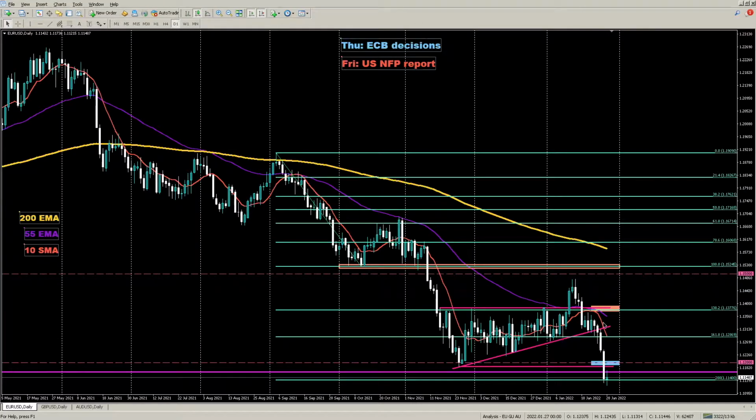Where it fell below the rising trend line, where it was in an ascending triangle. Before the previous week, it broke out higher, but then dipped back into the triangle.